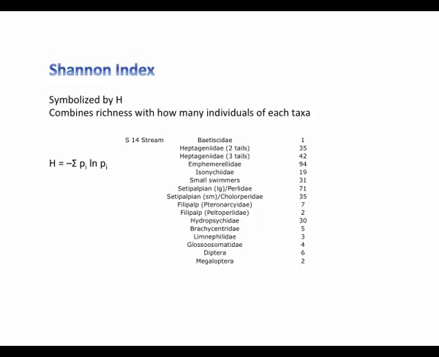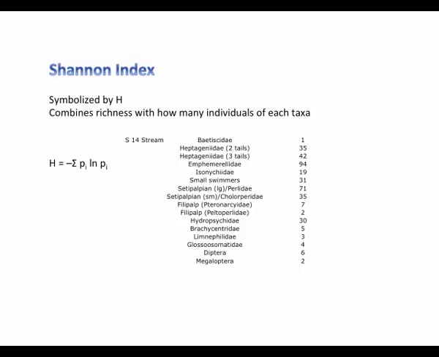We can calculate the Shannon Index, and it will take into account both the fact that we have 16 different taxa in there and the fact that we have 17 Setipalpian or Perlidae and 94 Ephemeralidae, but only 1 Batistidae.